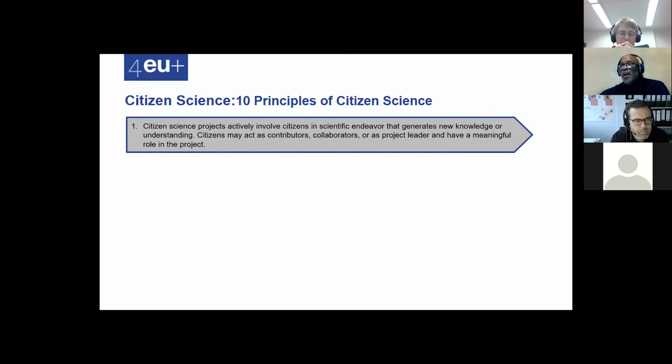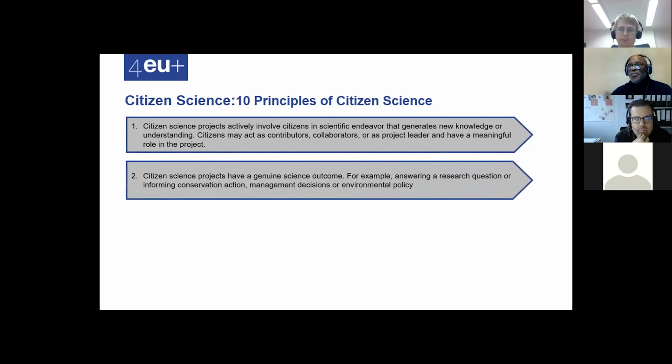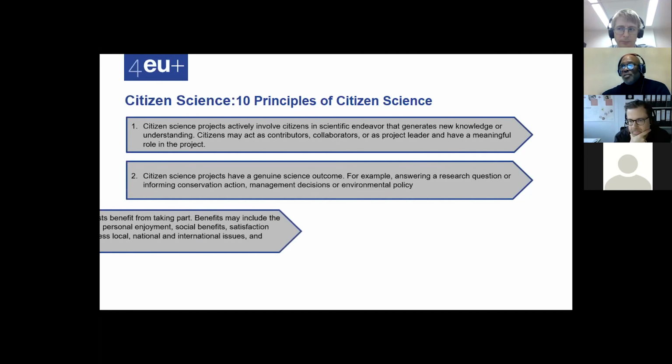Citizen science projects actively involve citizens in scientific endeavor that generates new knowledge or understanding. Citizens may act as contributors, collaborators, or project leaders and have a meaningful role in the project. Citizen science projects have a genuine science outcome, for example, answering a research question or informing conservation actions, management decisions, or environmental policies.